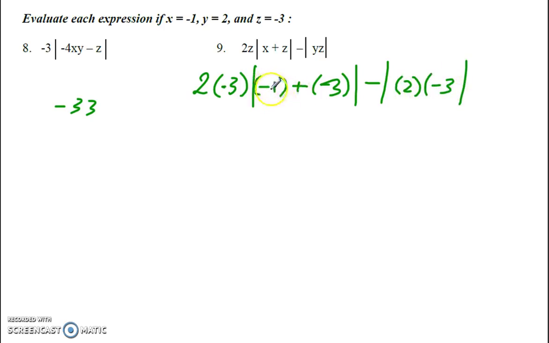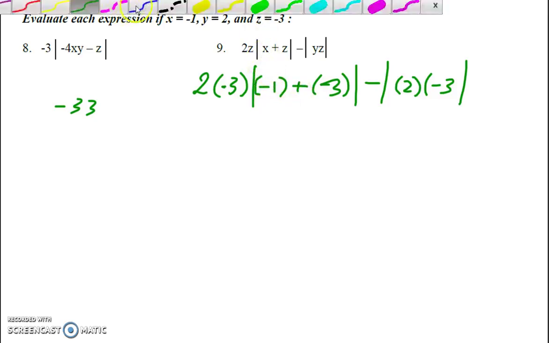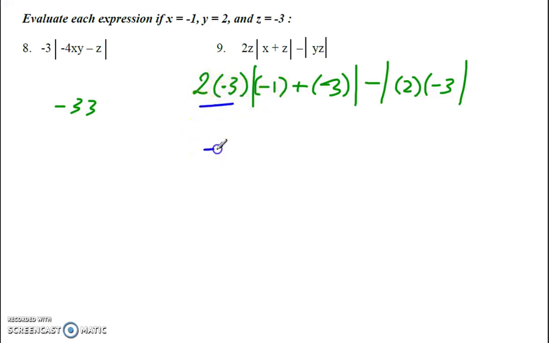Okay, now, absolute value doesn't mean that everything inside there automatically turns positive. Okay, so first here we have negative 6. Now, absolute value inside here, negative 1 plus negative 3 gives me negative 4. Minus 2 times negative 3 gives me negative 6.